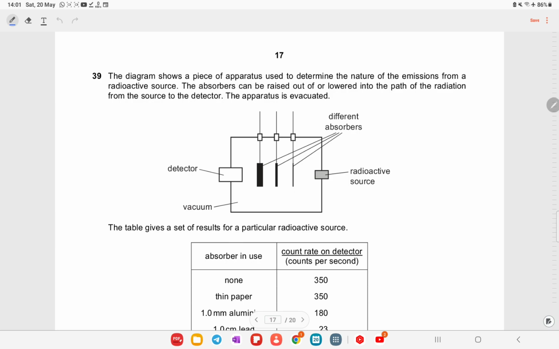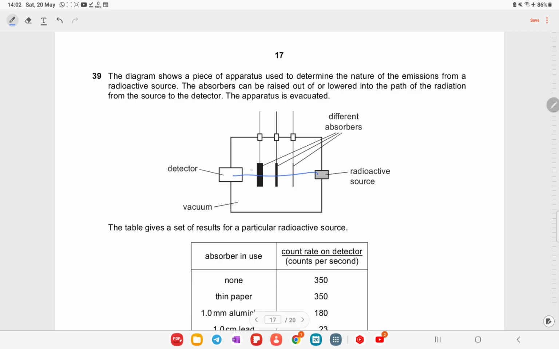The diagram shows a piece of apparatus used to determine the nature of the emission from the radioactive source. The absorbers can be raised out of or lowered into the path of the radiation from the source to the detector. The apparatus is evacuated. The table gives a set of results for a particular radioactive source. This is the detector, vacuum, and different absorbers, and this is the radioactive source.